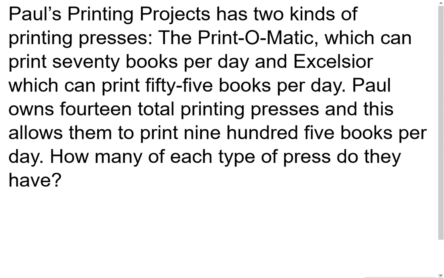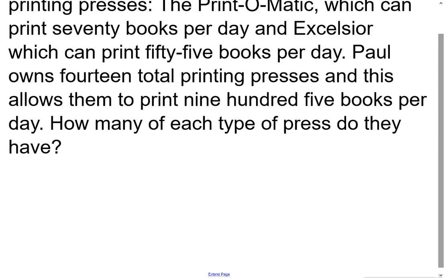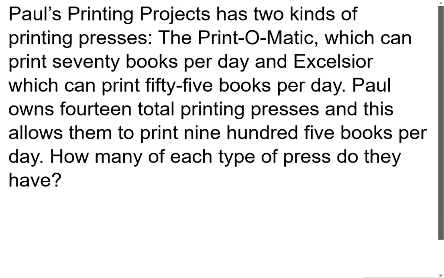So again, same thing as the previous one. The first thing I need to do is figure out what my variables are. I look at the question, how many of each type of press do they have? Well, what kind of presses do they have? I look up here and go, well, they have the Print-O-Matic press, and we have the Excelsior. And it says how many of each.